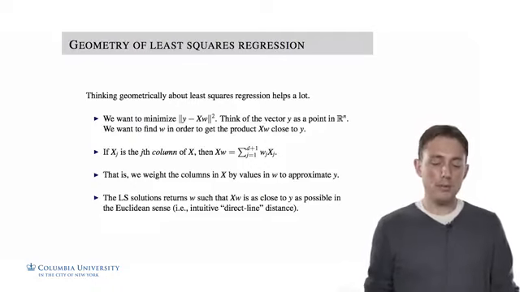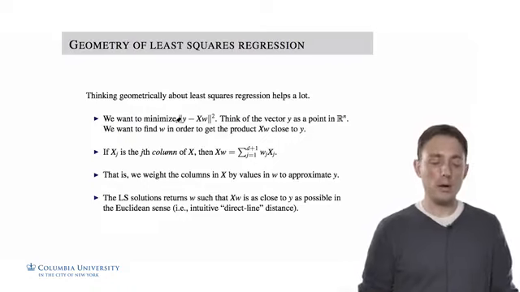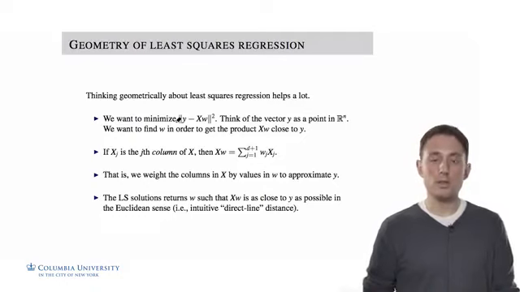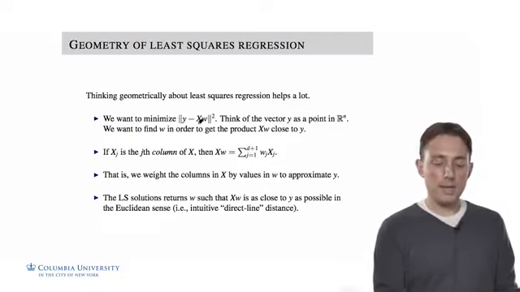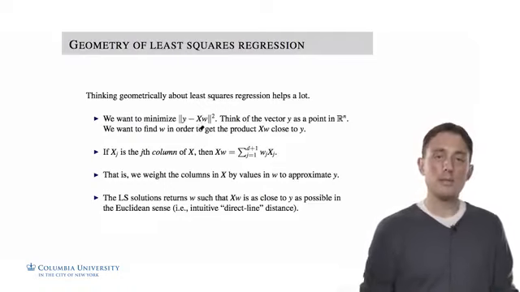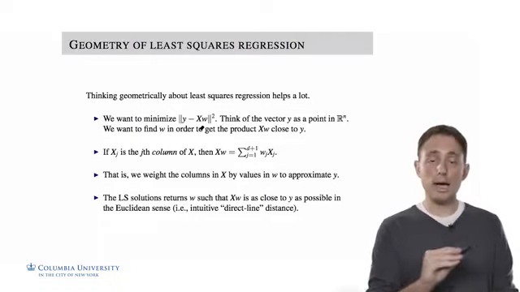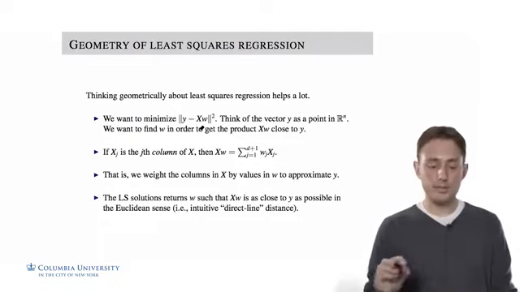So as we discussed before, we want to minimize something that looks like this, where we take all of the outputs y and put them into an n-dimensional vector if we have n observations. And we approximate that with this matrix vector product. So we have the matrix X, where the ith row corresponds to the ith input vector, or some function of it.